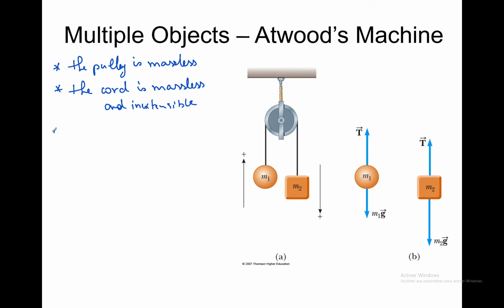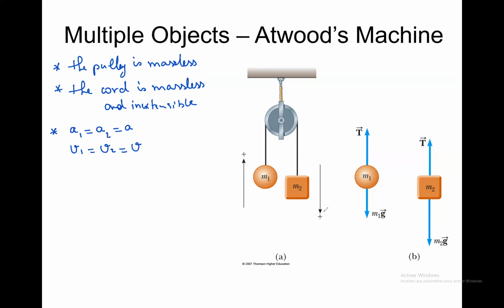So we can say that the acceleration of the mass 1 equals the acceleration of the mass 2 equal to a, and the speed v1 equal the speed v2 equal to v. The system here, we see the object M1 moves up and the object 2 moves down.